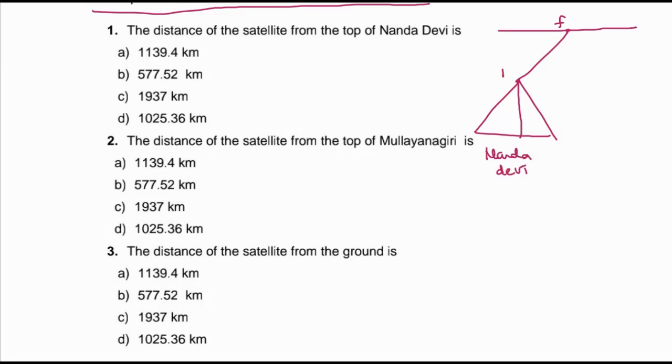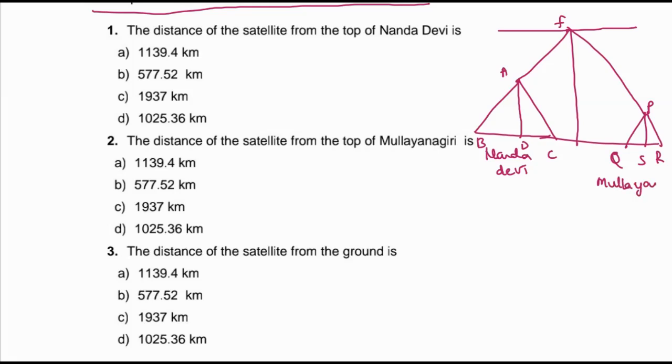So here it is A. We'll take it as A, B, C, and D. Then from the center point here we have another mountain, and we'll call this P, Q, R and S. This is the Mullayanagiri mountain.